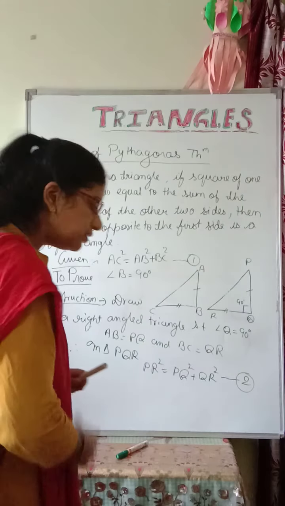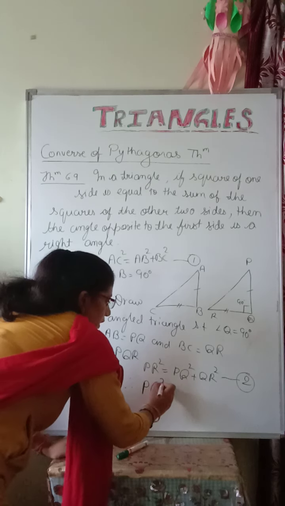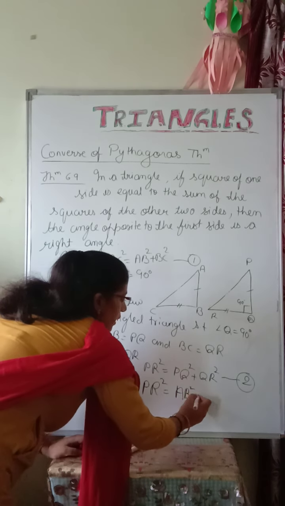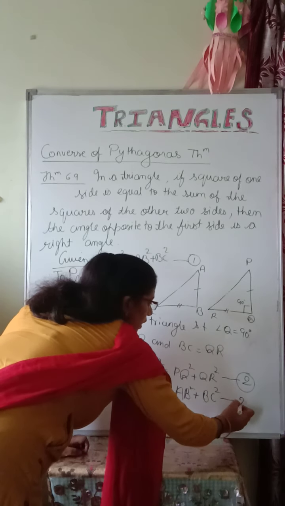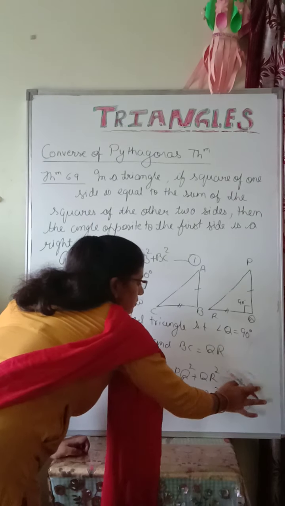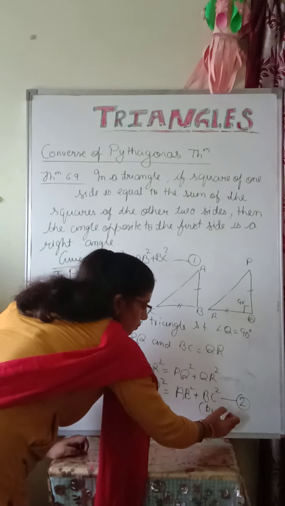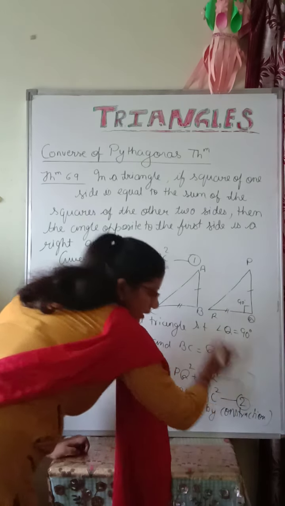So therefore we can write PR square is equals to, in the place of PQ I can write AB square plus in the place of QR I can write BC square. This will be equation number 2, by construction. Okay. So by construction we have written this thing.